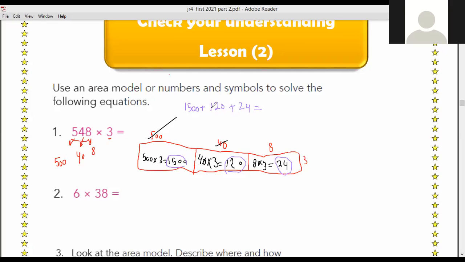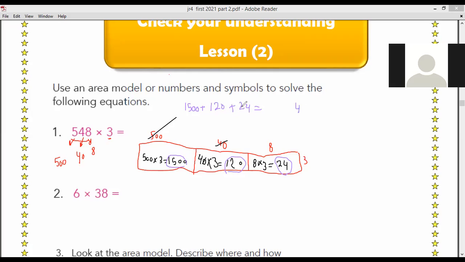So 4 plus 0 plus 0 will be 4. And 2 in tens plus 2 in tens plus 0 will be 4. And here in hundreds, I have 1. 1 plus 5 will be 6. And here in thousands, I have 1. 1 plus nothing here will be 1. So the answer will be 1,634. Now, junior 4, do this one inside your booklet, and question 2 will be homework.